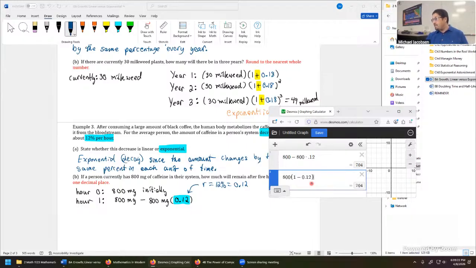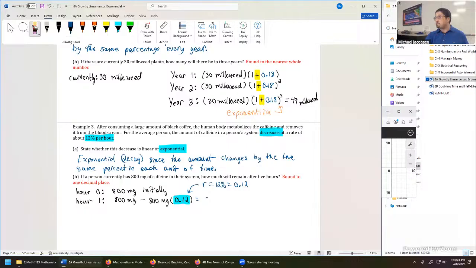So we could rewrite this as 800 times 1 minus, because we're looking at a decay and something is decreasing, that percentage as a decimal, 0.12.